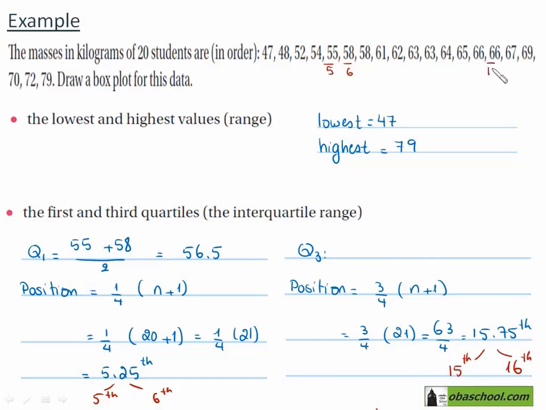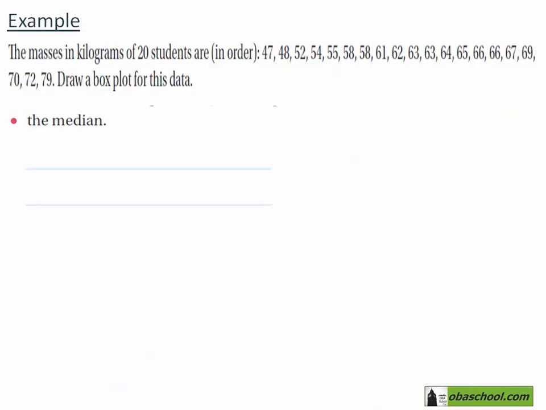And counting on, we have the 15th, 66, and 67 for the 16th. So Q3 is basically their average, and that would be their sum divided by 2. 66 plus 67 divided by 2, and that would be 66.5. That would be Q3.